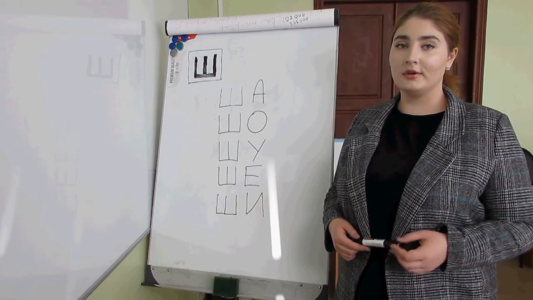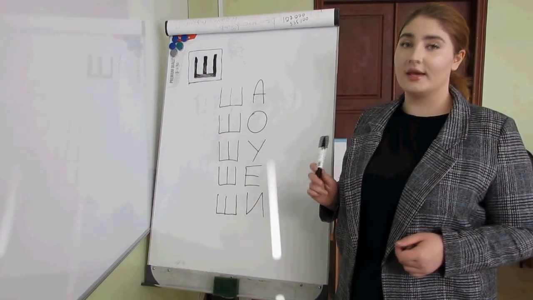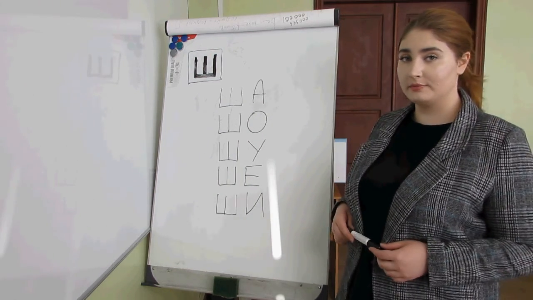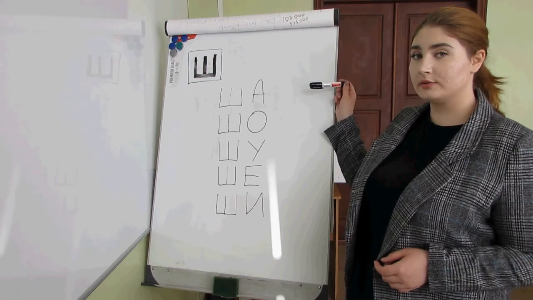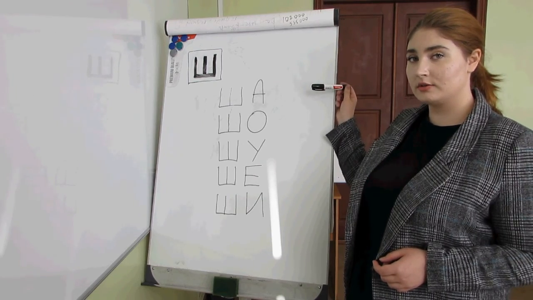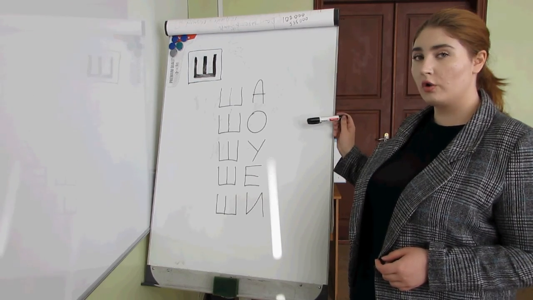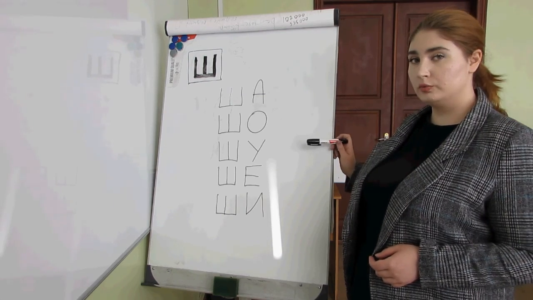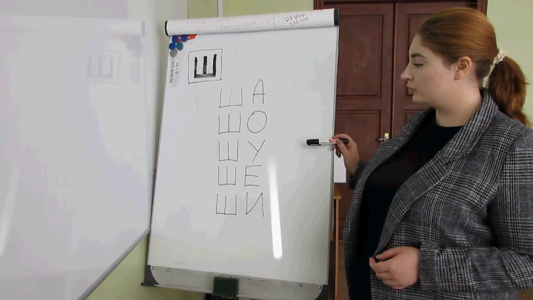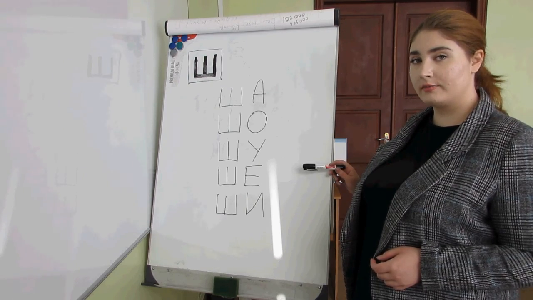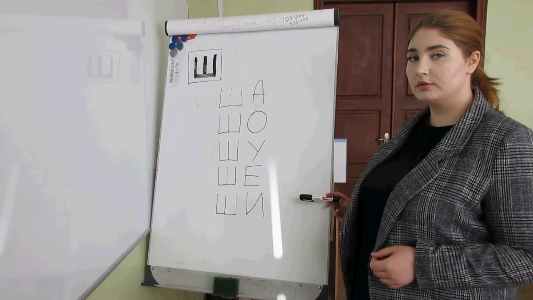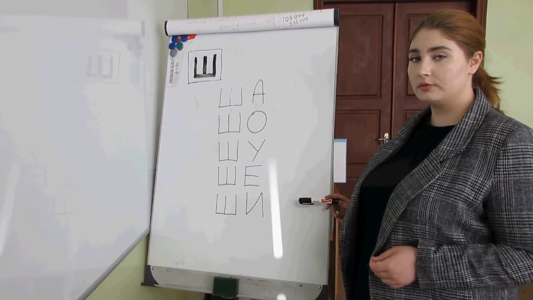Let's move on with the unvoiced letter Ш. Repeat after me. Ша, шо, шу, ше, ши.